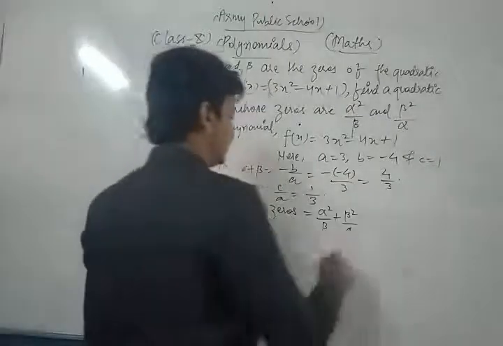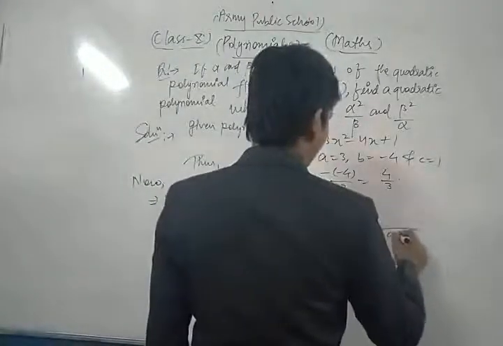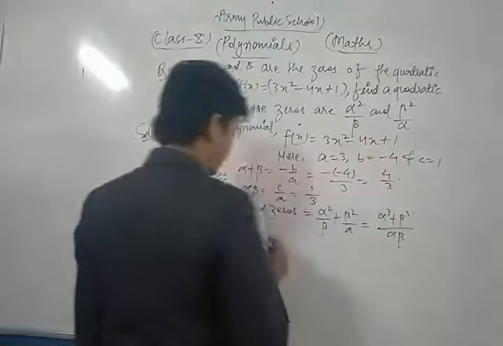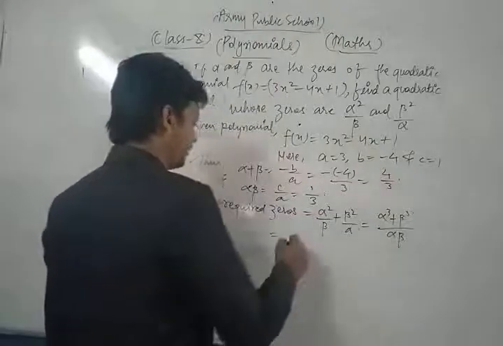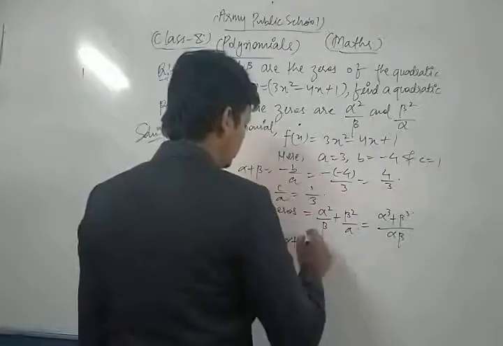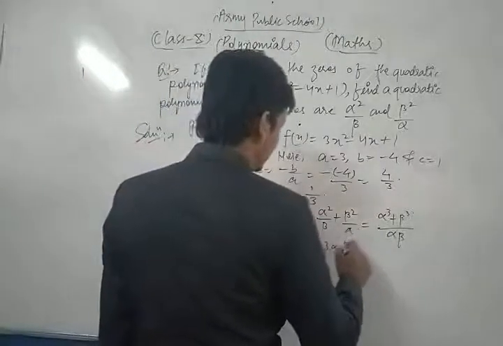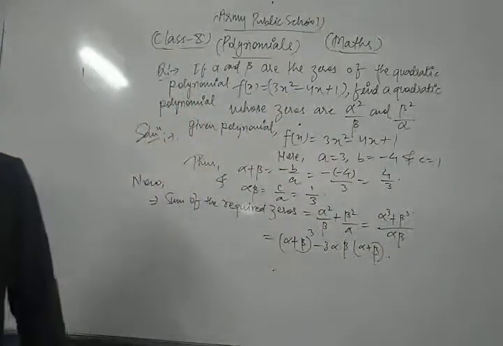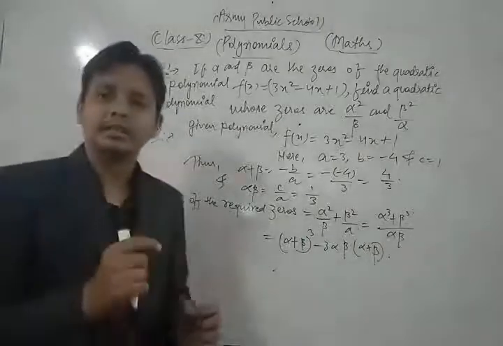Now we take alpha beta as the LCM, so we get alpha cube plus beta cube upon alpha beta. We can write a cube plus b cube by the help of the formula a plus b whole cube minus 3ab in bracket a plus b. We can write in this way by the help of the algebraic identities.